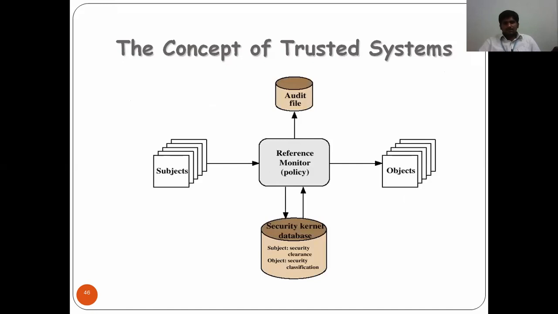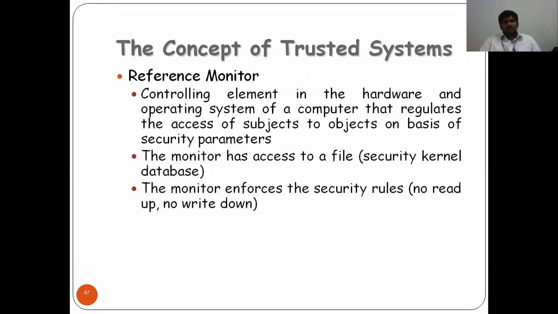This is the same diagram, and now it is somewhat visible. What does the reference monitor do in the trusted system? The reference monitor is the controlling element in the hardware and operating system of the computer that regulates the access of subjects to objects on the basis of security parameters.